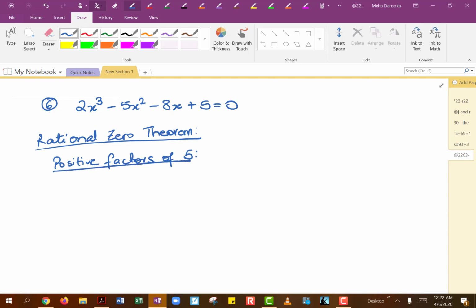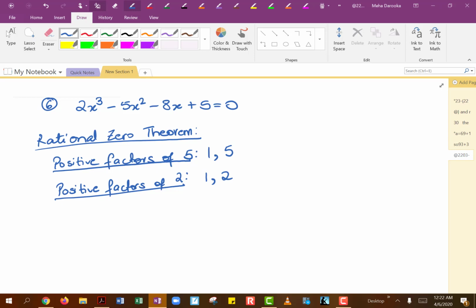So 5, of course, is only going to be 1 and 5, right? So not too bad. Then you are going to take the positive factors of the leading coefficient, which is 2, from the 2x to the third. And again, 2 is only going to be 1 and 2.